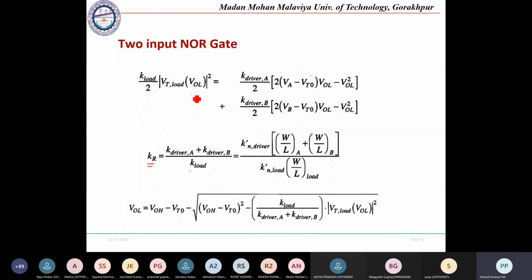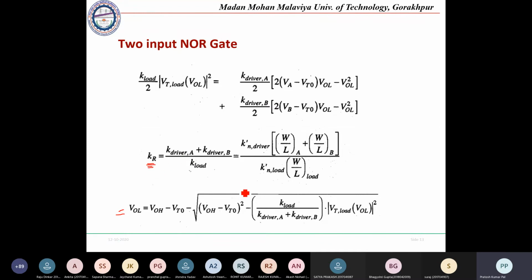Kr value. After putting in all the voltage terms, we will see that the same equation will be followed for VOL, but the only difference will be in terms of the driver Kr value.